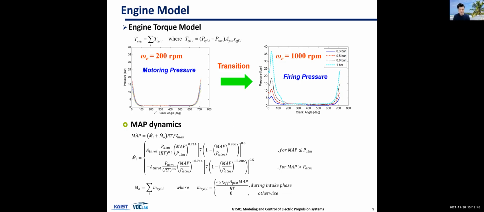Okay. So this is crank angle, the engine rotating angle. So as you can see, when motoring, meaning that there's no firing, okay? No firing. And this is firing, okay? And you can see the pressure changes. When there's no firing, it simply repeats this process.